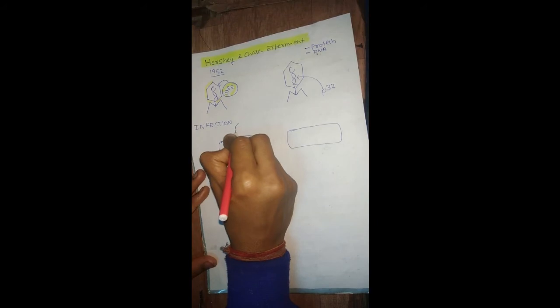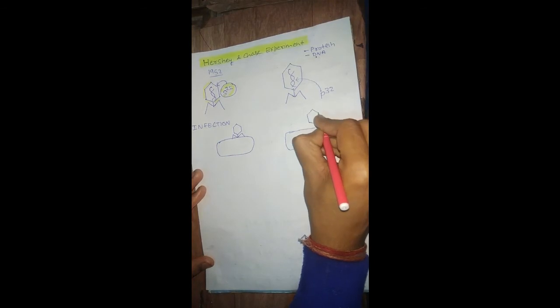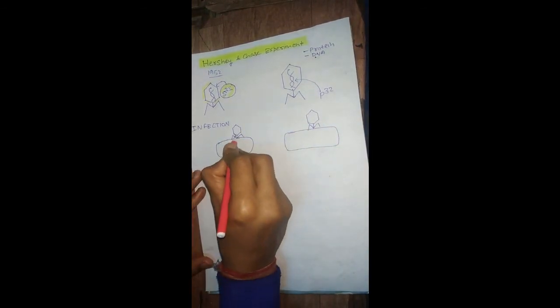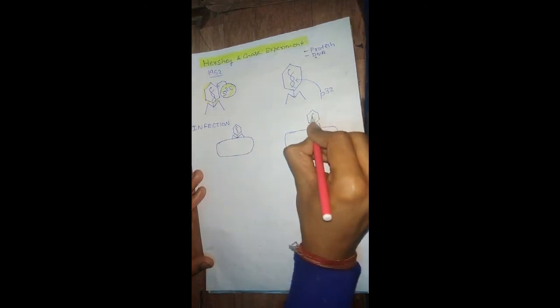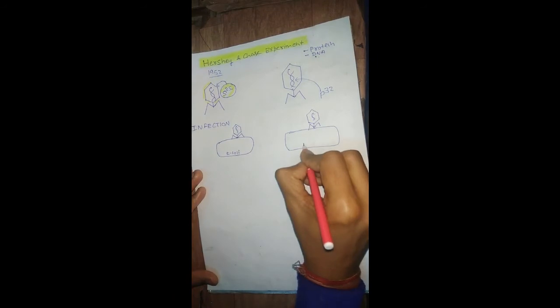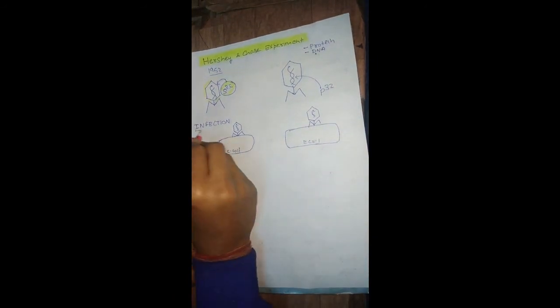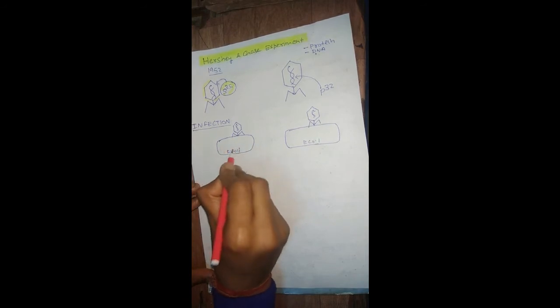Now this bacteriophage will come in this case and in this case. Bacteriophage will come and will infect our E. coli, or bacteria. This E. coli is a bacteria, okay. This is our infection phase. The E. coli gets infected.